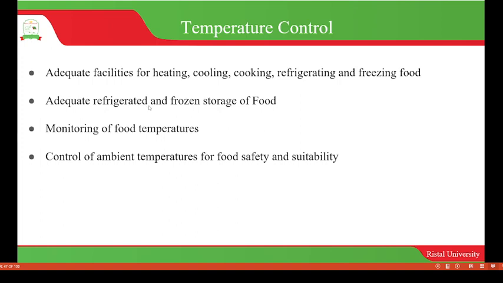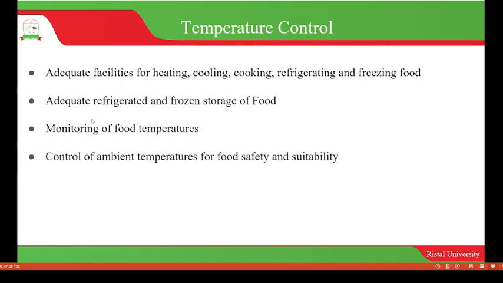And then adequate refrigerated and frozen storage of food, especially when the food is to be stored, then the food has to be first refrigerated or frozen adequately so that the food doesn't get spoiled in the process of storage.